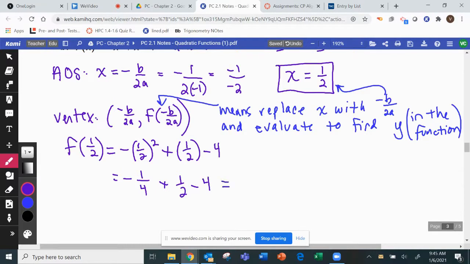I'll go ahead and make a common denominator with all those. Negative 1/4 plus 2/4 minus 16/4. And then common denominator is 4, add the numerators, and I get negative 15/4.